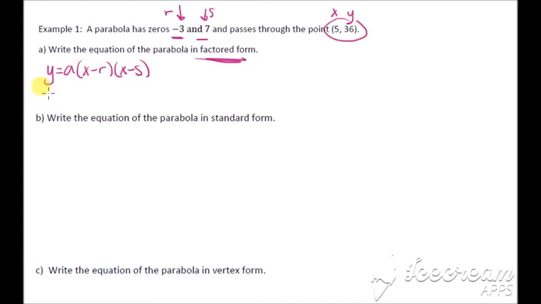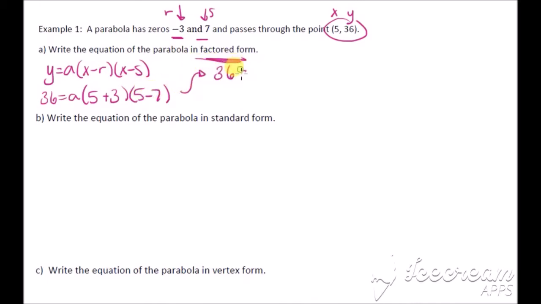So the y is 36 equals a. We don't know a. X is 5, so in both of these brackets, it's going to start with 5. If the actual x-intercept is -3, then this is +3. If it's 7, then this is -7.